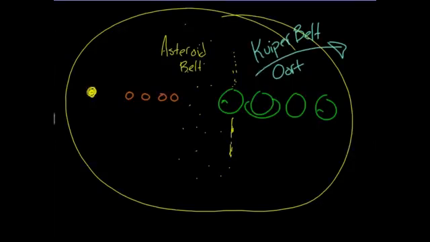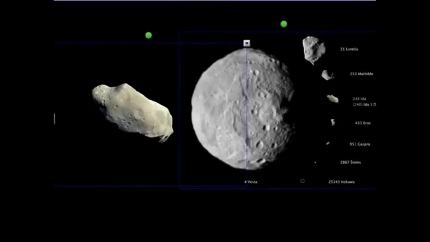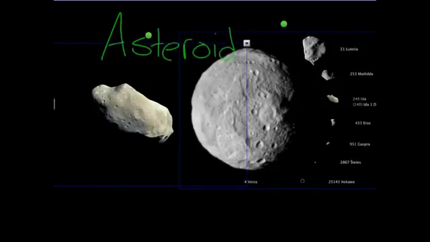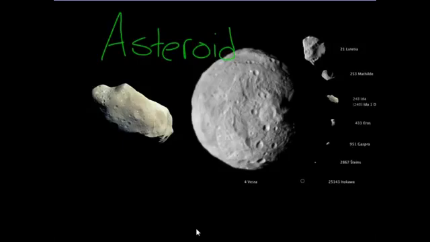Now, thinking of the term asteroids, all an asteroid is, is a big clump of rock. An asteroid is a big, huge clump of rock that's hanging out in space. They can be all different sizes and shapes, and they're really only classified as an asteroid if we're talking about objects that are inside the orbit of Jupiter.